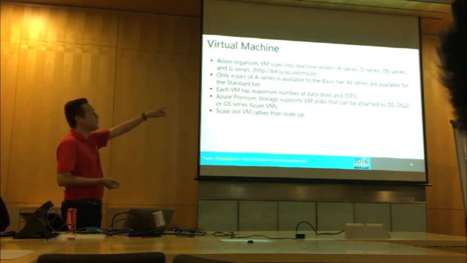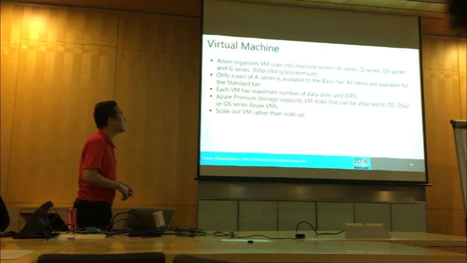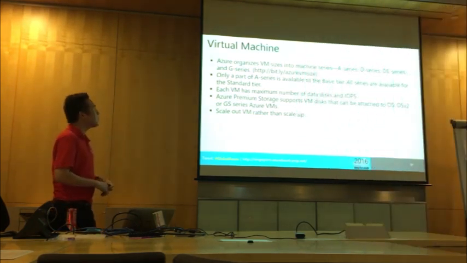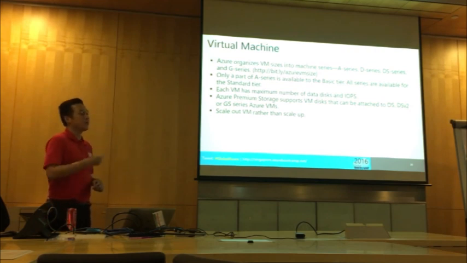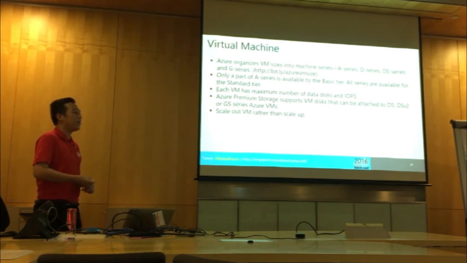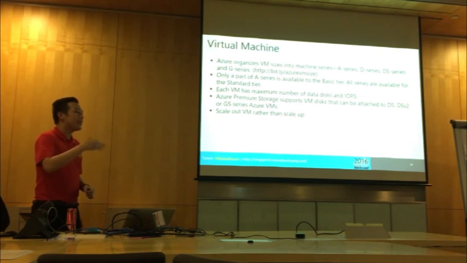You can go to this URL to see what Azure is providing these days. Each VM has a maximum number of disks and IOPS. So before you choose the VM for your search or your web front-end server, you need to check all these things and size your web front-end application and search first.